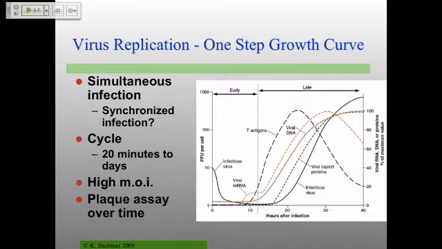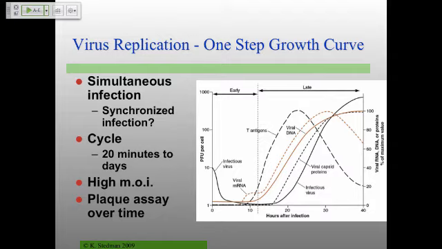Mostly for these plaque assays, so you can do one-step growth curves. And the one-step growth curve is getting back to that same issue we just talked about with the plaque assays. And that is that it's really, really hard to study one virion and one virus infection. So what you want to do is study multiple infections that are happening all at the same time.